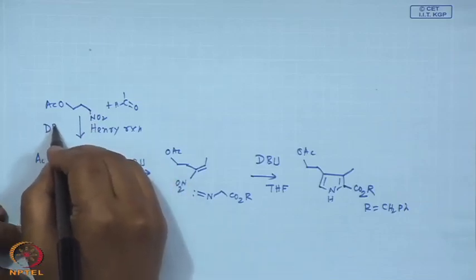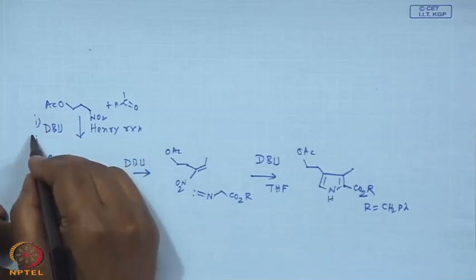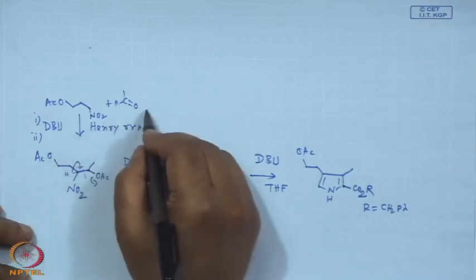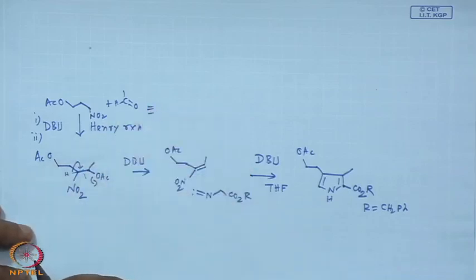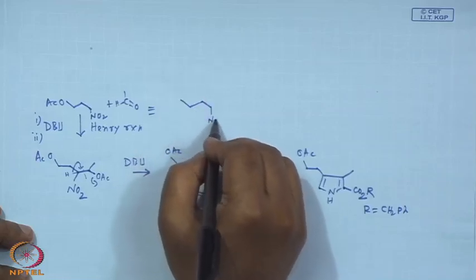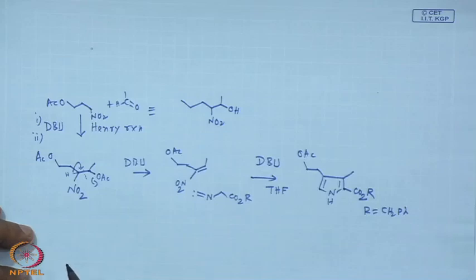The base is DBU. So, DBU is serving a lot of purposes. Right. So, this is equivalent to what? When you do this reaction, this is nitro and in this case it will have basically aldol condensation.